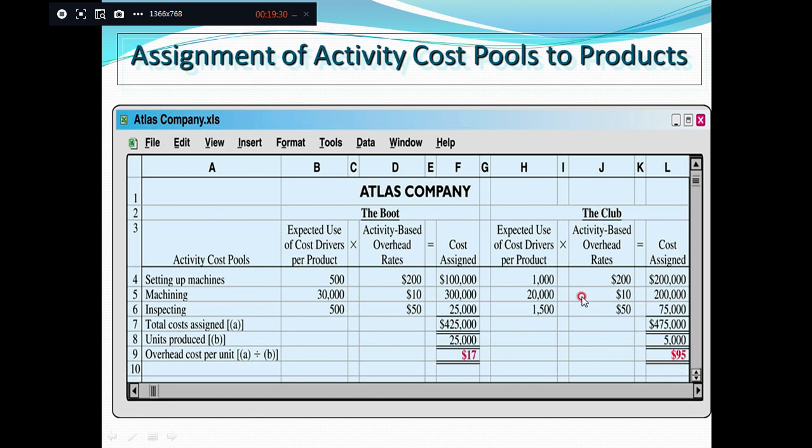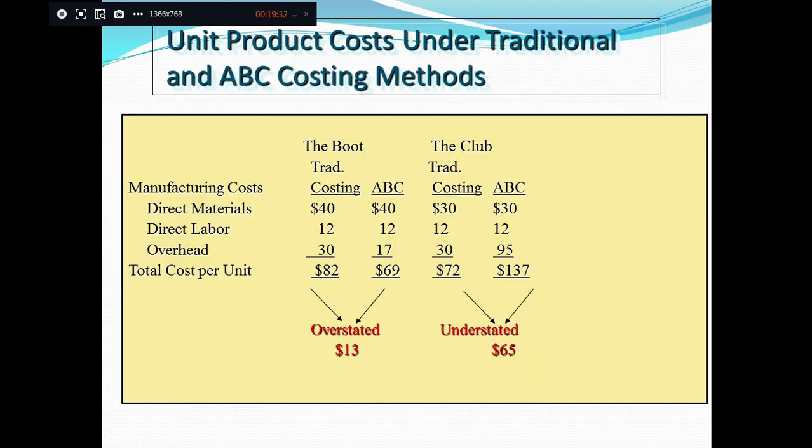So anyway, summarizing the total cost per unit: direct material is given as 40, both in the traditional cost as well as in the overhead cost. So direct material is 40 in the boot using traditional costing, as well as the same for ABC, 40.